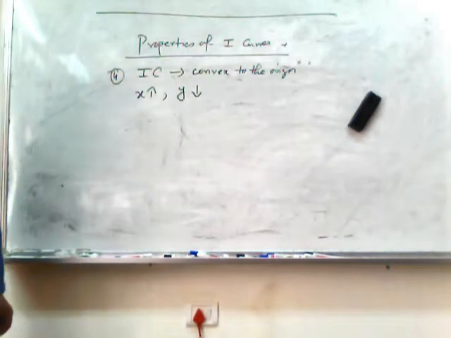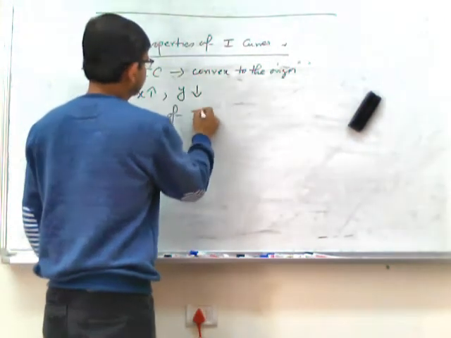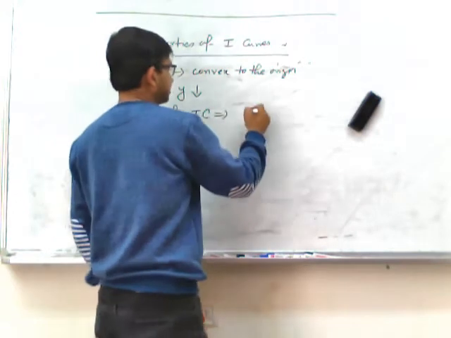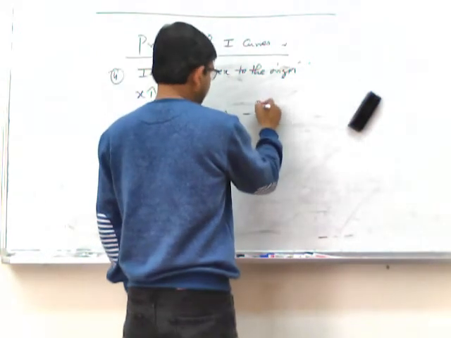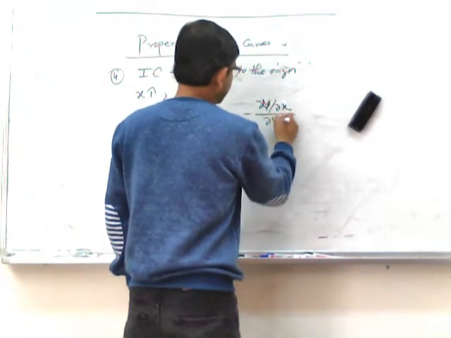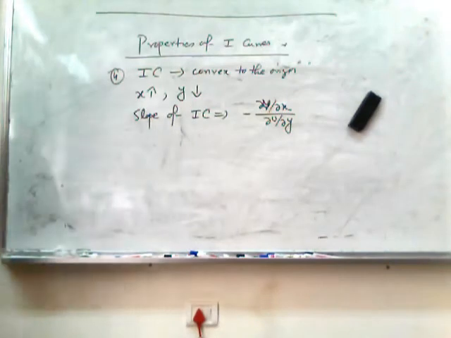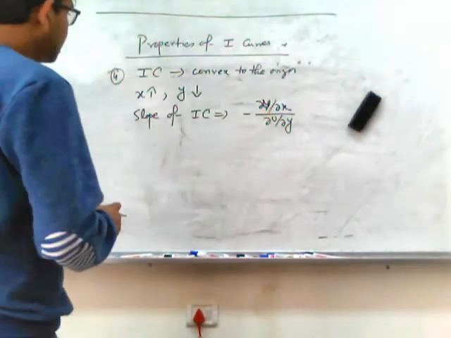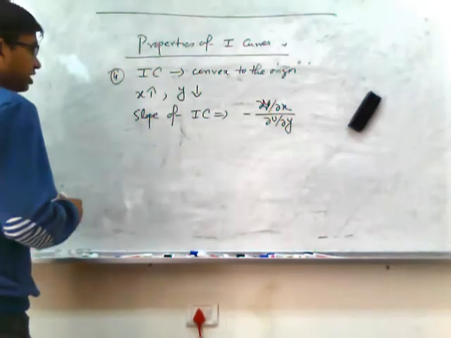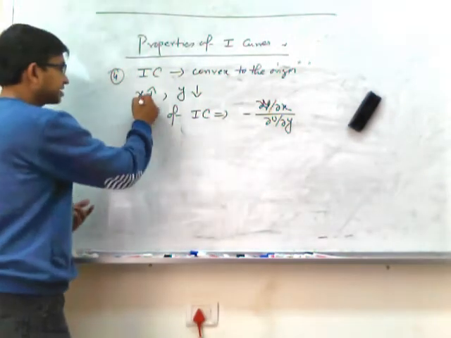And the slope of the indifference curve is minus del u by del x divided by del u by del y. So, from the properties of a well-behaved utility function, we can say that as x rises, y falls.